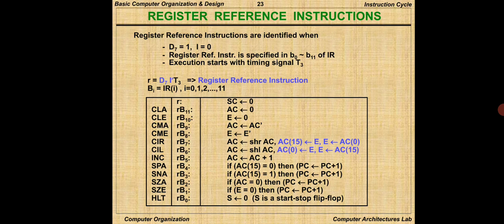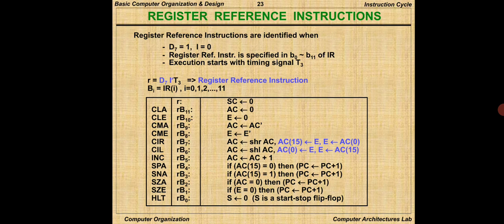Based on those 12 bits, R0 to 11, we perform these operations. If R bit 11 is set, we perform the clear operation, clearing the accumulator.